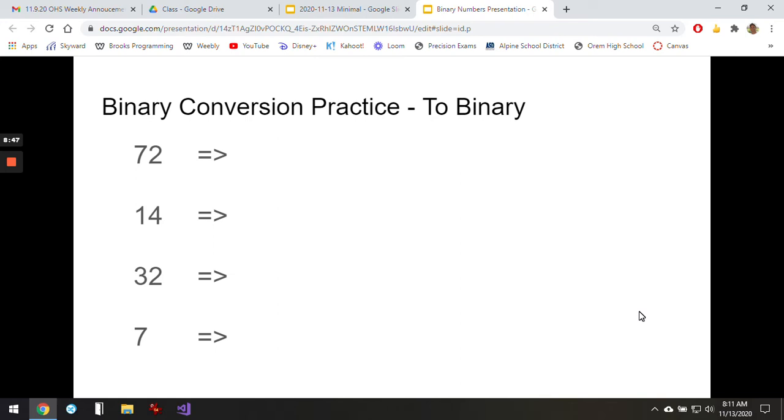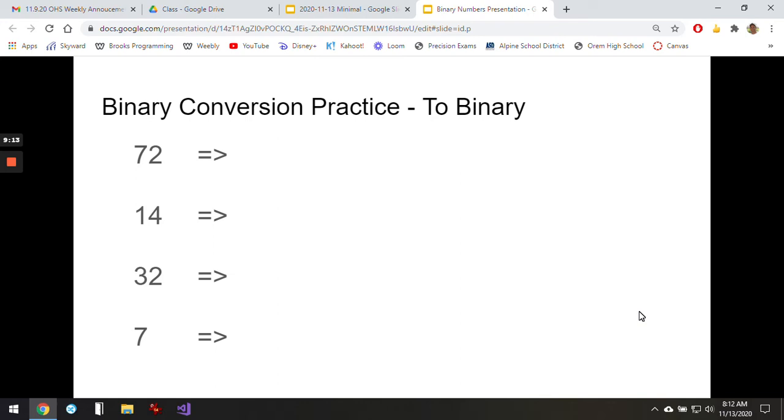I could write zeros out forever, and they're insignificant, so to speak. So I need an 8, and 4 makes 12, and a 2 makes 14. So in shorthand, I can just do 1, 1, 1, 0, that's 14. I could put zeros off to the left forever if I wanted to. It doesn't matter. They're insignificant.